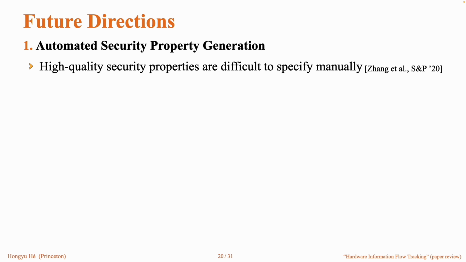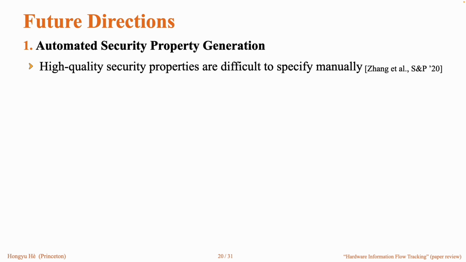So I think they mentioned a few future directions. The first one I find very interesting, and I would love to do a project related to this. Most prior works were focusing on this information flow checking, so the actual checking of violations. But building the formal methods or the constraint model itself is sometimes not straightforward, right?